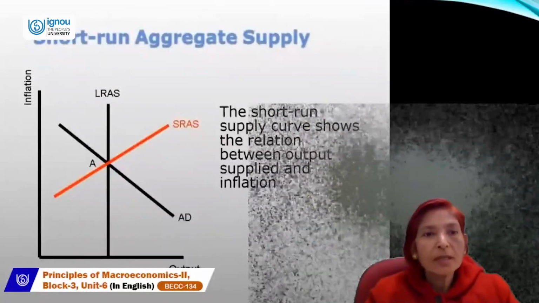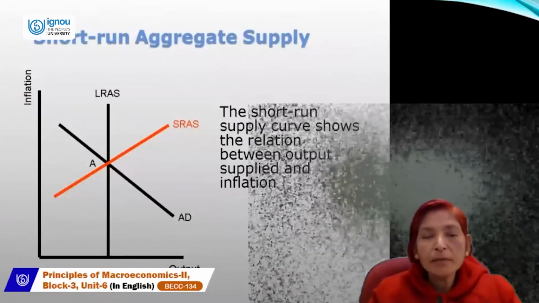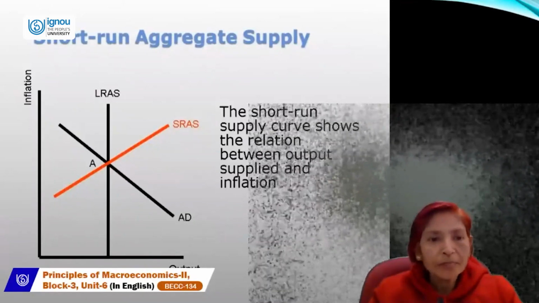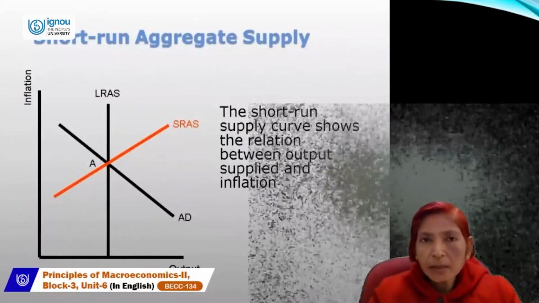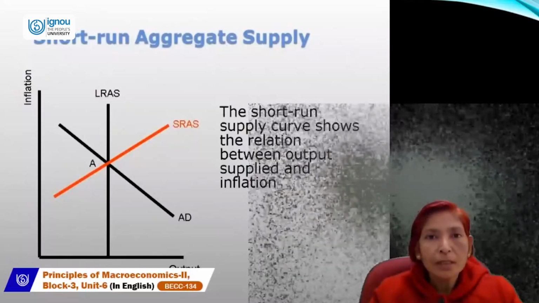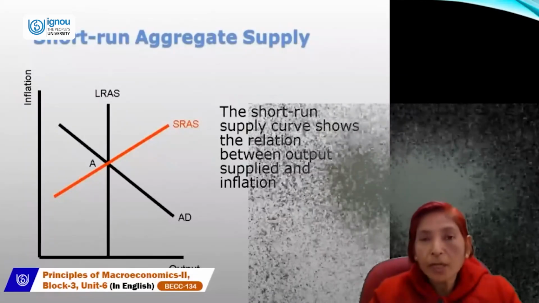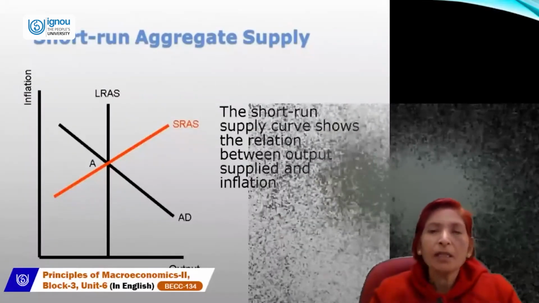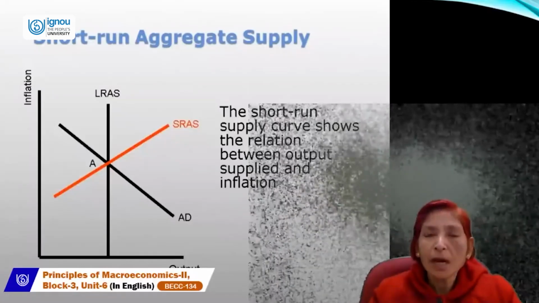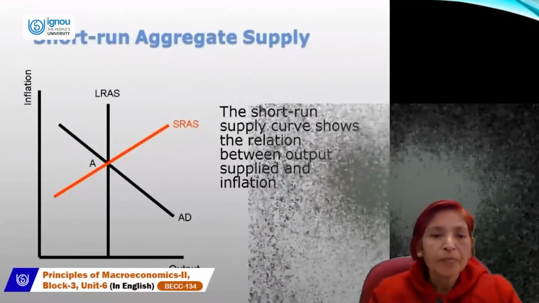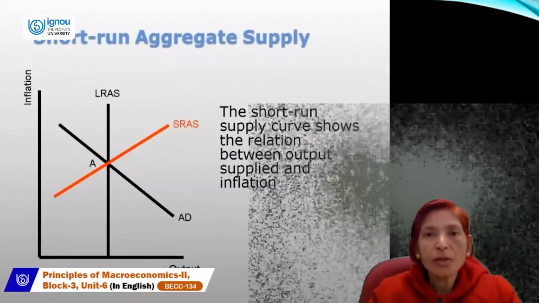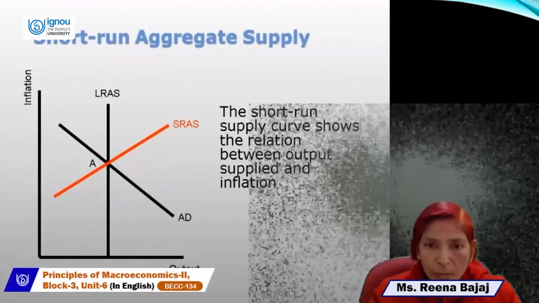Next, this is the long run aggregate supply curve, which remains always vertical, and the short run aggregate supply curve, which remains always horizontal according to the Keynesian approach. And generally, you know that the supply curve is always an upward sloping curve. So SRAS may be horizontal or may be an upward sloping curve.